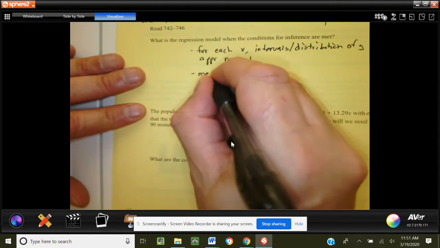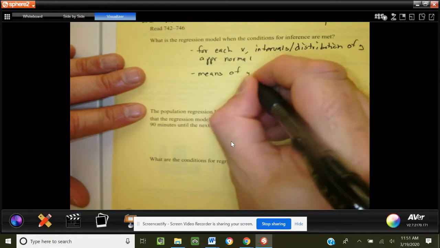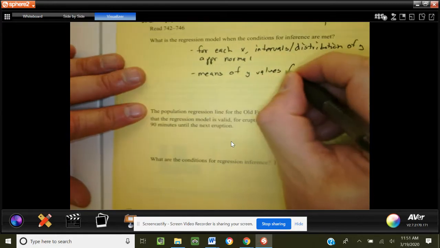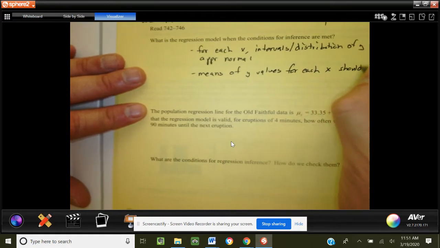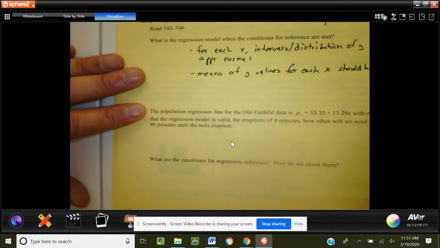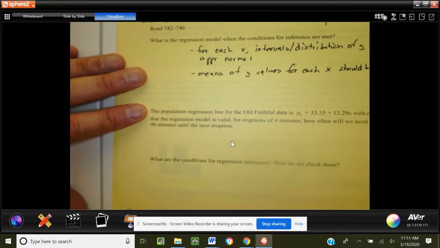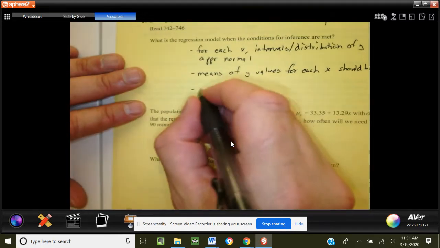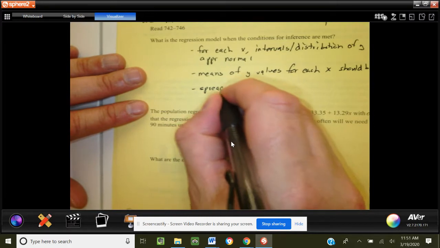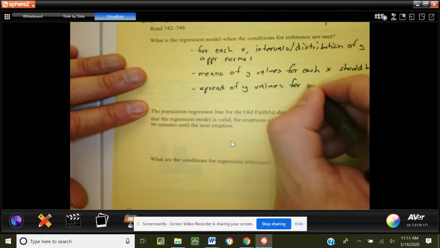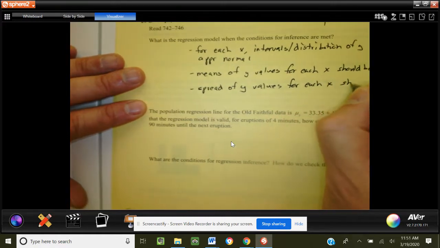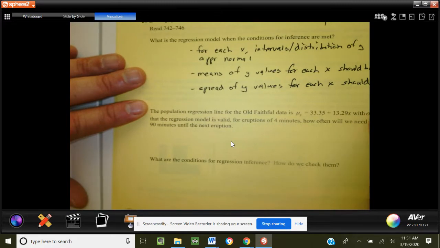The means of the Y values for each X should be on the LSRL for the population. All right. And then the last thing that we talked about is the spread of the Y values for each X should be constant.